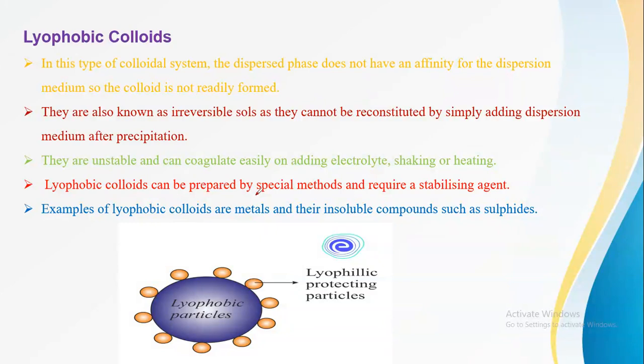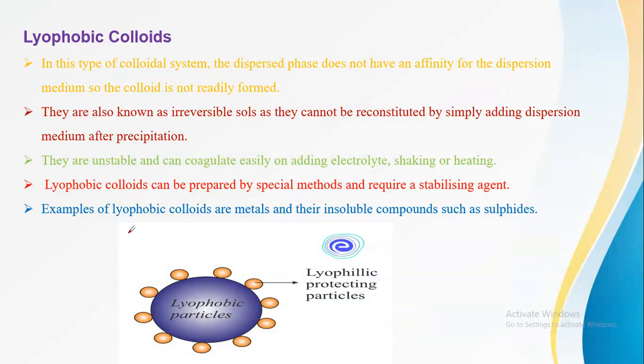Lyophobic colloids can be prepared by special methods and require a stabilizing agent. But lyophilic colloids can be prepared easily just by mixing or shaking the dispersion medium and the dispersed phase. Lyophobic colloids cannot be prepared easily. We have to use some special methods to prepare these colloids.